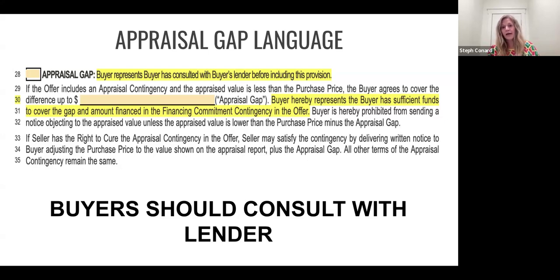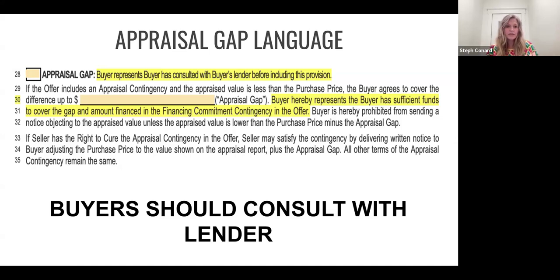I will just cover the gap between the appraised value and the purchase price. So again, it was giving peace of mind to the seller right off the bat, that you can feel comfortable accepting an offer with this purchase price, even though it's way over asking, because I'm going to cover the gap if it is different.